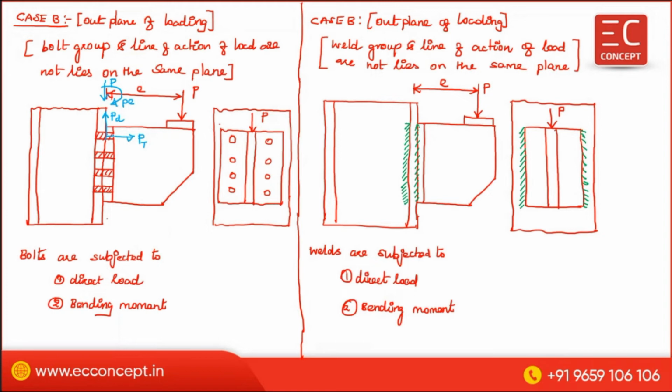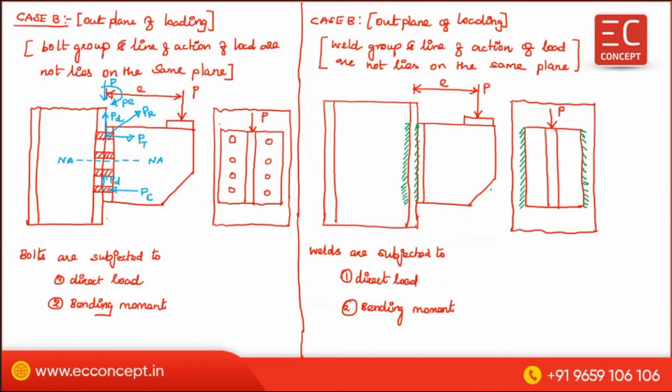So this is the resultant force, the PR. Because of this bending, somewhere here you are having a neutral axis. So above the neutral axis, the bolts are subjected to tension and the direct shear. Below the neutral axis, the bolts are subjected to compressive force. Okay, that is PC, and the direct force, that is PD.